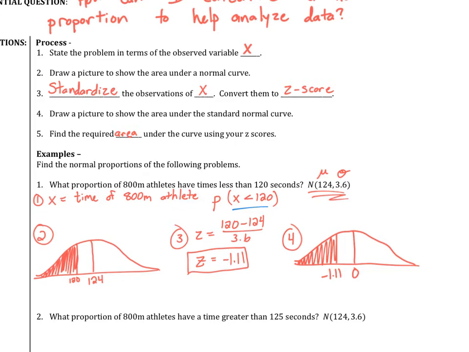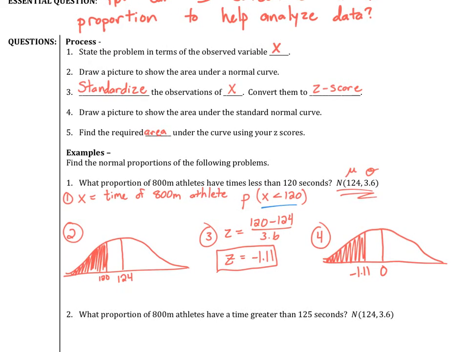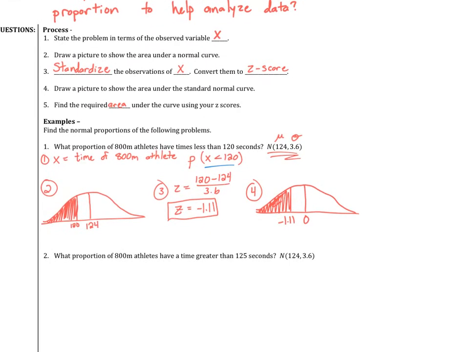This is like what we did in section 4.3 where they give us the z-score and you have to find the probability. So basically, we took the 120, and we took the average and the standard deviation and found the z-score. So we're trying to find out what is the probability that z is less than negative 1.11.